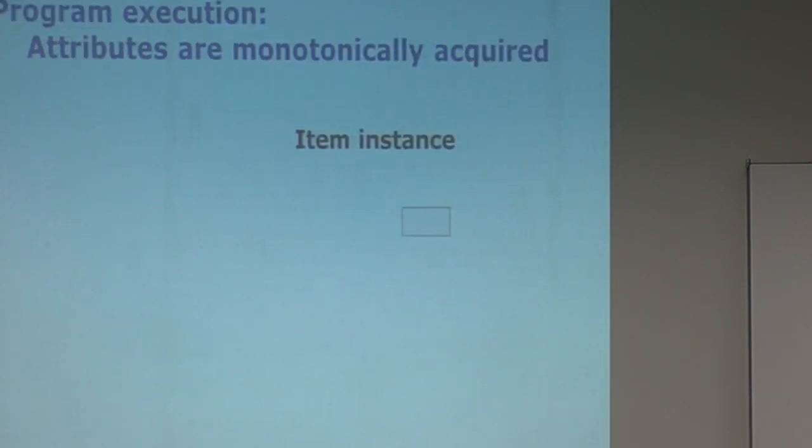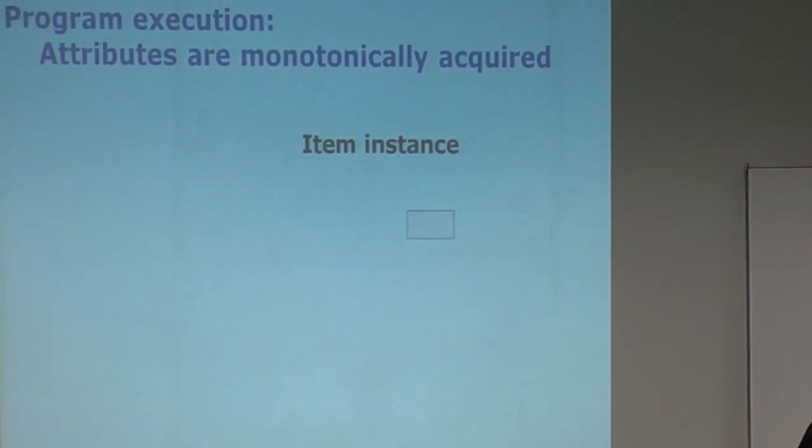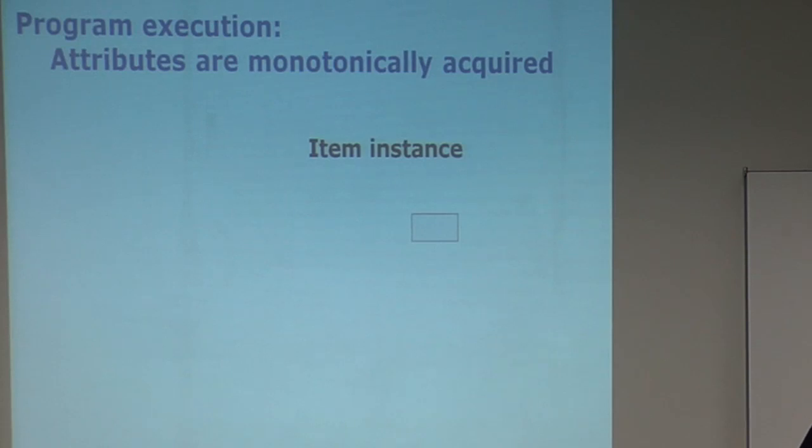So this is how you think about the execution of your program. The program is declared in this declarative way, and so you need a way of thinking about what's actually going on. And the way I think about it is that as you execute the program, the state of a given instance, an instance of a step, an instance of an item, or an instance of a tag, goes through some different stages in its lifetime.